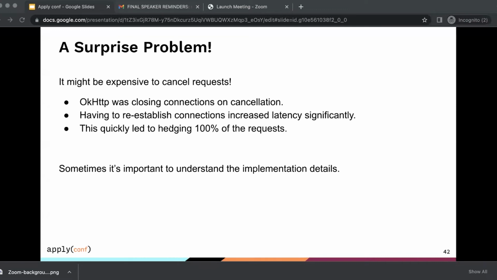And this turns out to only be an issue with HTTP1 connections, not HTTP2. So because it was closing connections, follow-up requests had to reestablish them, and that increased our latency significantly. And again, that feedback loop kicked in and quickly led to hedging all of our requests. So oftentimes we do rely on the abstractions, but in this case, it was really important to understand the implementation details of our client.